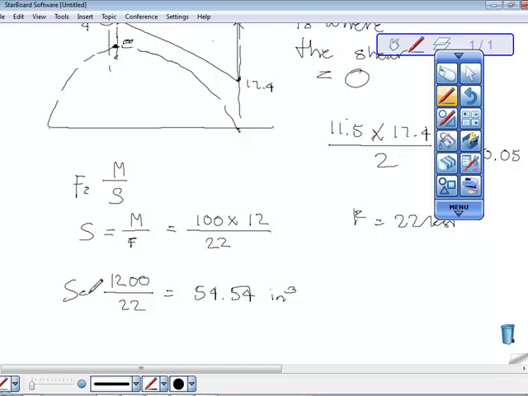$1636. 56.5. That would work. Oh, I did forget one thing.